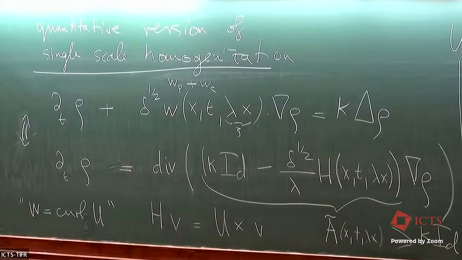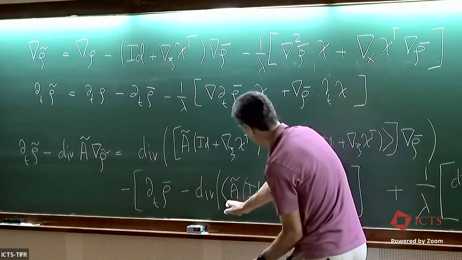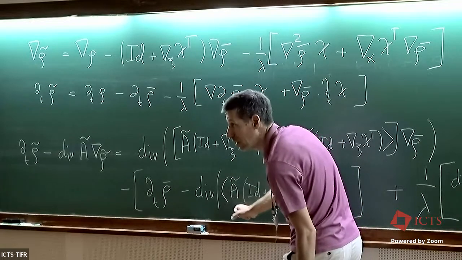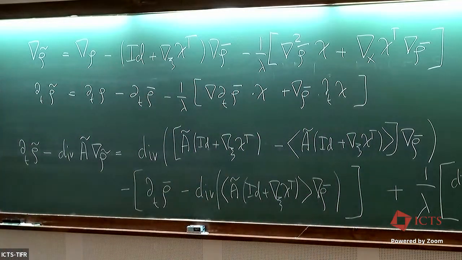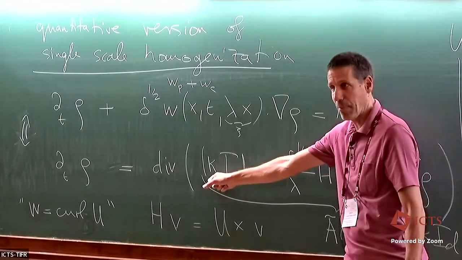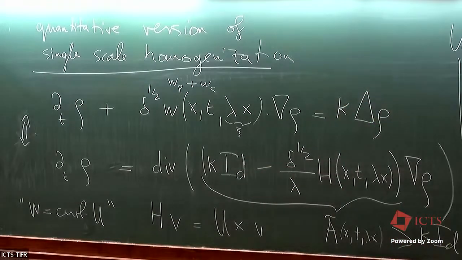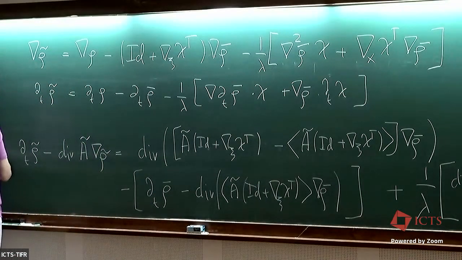And then the one that you're thinking of is like the dt rho bar. For instance, here, when I take the average of this part, it is just the average of A tilde multiplied by this. Now, the average of A tilde drops out. This has zero average, but you are left with the kappa. So there's that term. The idea is to make sure that this is at most order 1 over lambda.